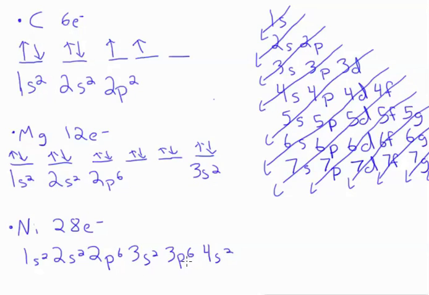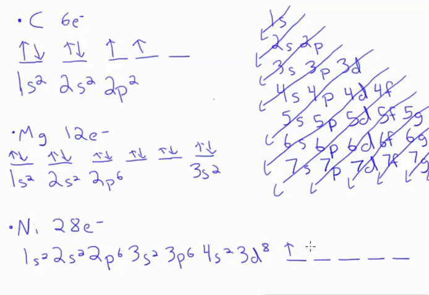We have 8 more. After 4s, we go to 3d. The d orbital can hold up to 10, so we can put all 8 there. If we add all those numbers up, we get 28. So let's do our orbital configuration. It's d, so d has 5 orientations. 3, 4, 5. Hund's rule says as many unpaired electrons as possible. So we're going to put all of our up arrows in before we start pairing anybody up.